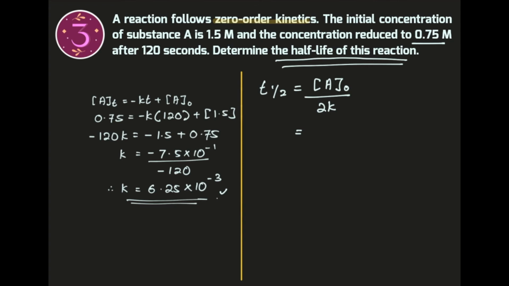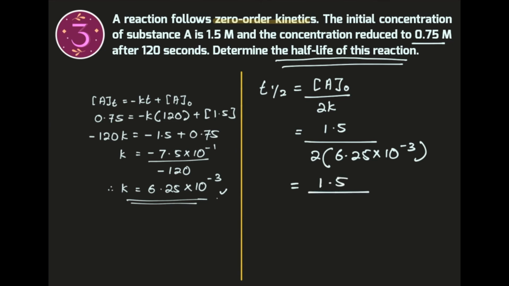So your initial concentration is 1.5 divided by 2 times the value of K, which is 6.25 times 10 to the power of negative 3. So from there you will get 1.5 divided by 1.25 times 10 to the power of negative 2. So you shall get 120 seconds.